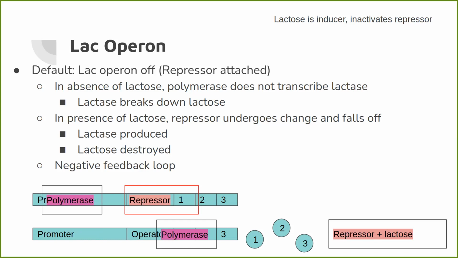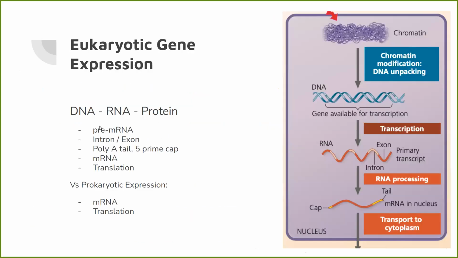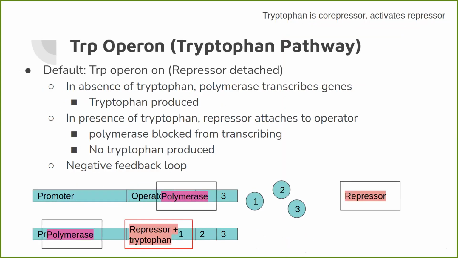Yeah. So one thing to note between the two operons is lactose acts as an inducer, which will inactivate the repressor and allow polymerase to move on in transcription. Whereas in the other operon, the tryptophan will act as a co-repressor and helps to activate the repressor.